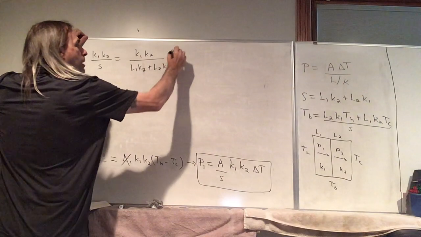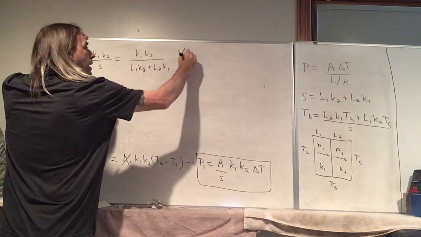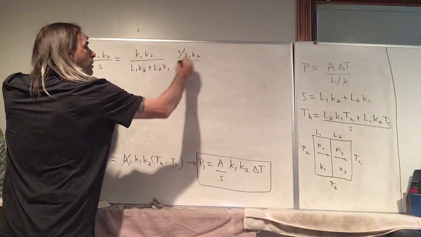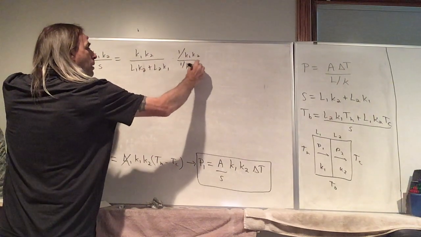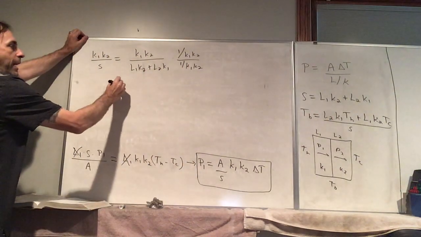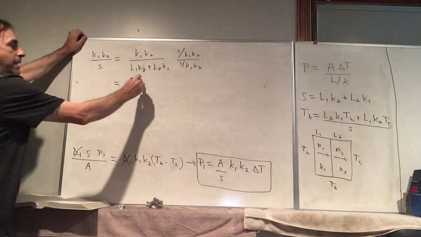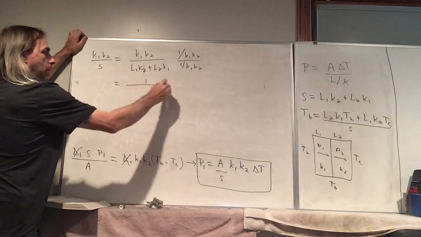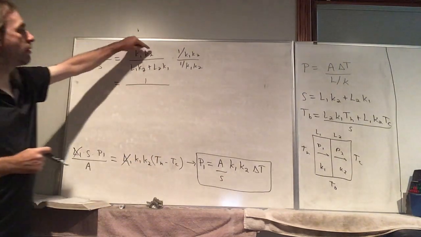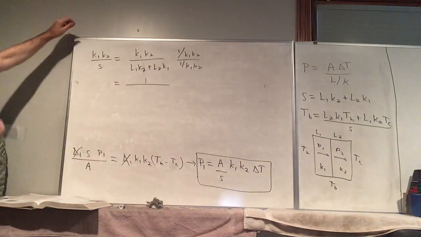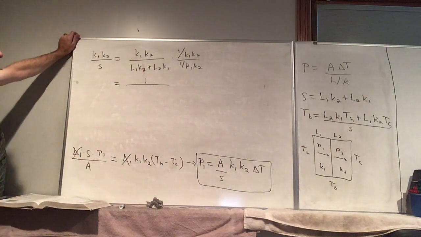And let's multiply both sides by 1 over K1, K2. So what we have on top, we just have 1. K1 over K2 times 1 over K1 times K2, they cancel out.